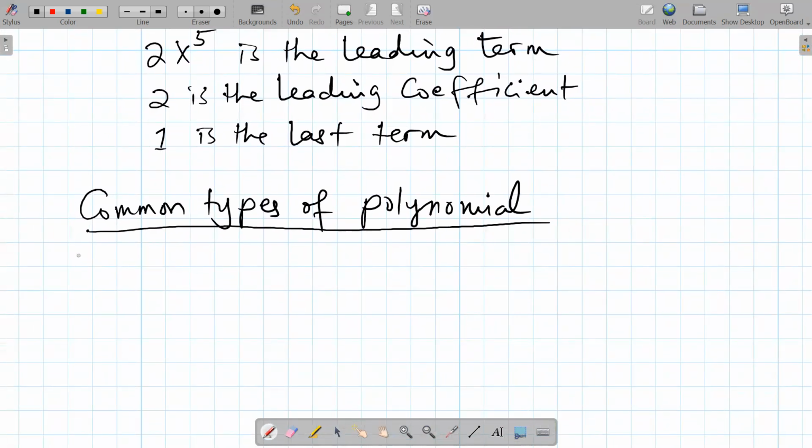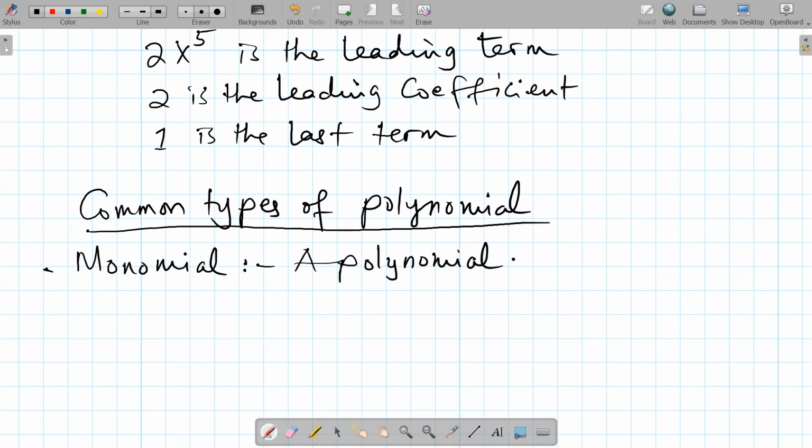We have what we call a monomial. That's the first one, a monomial. This is a polynomial with only one term.